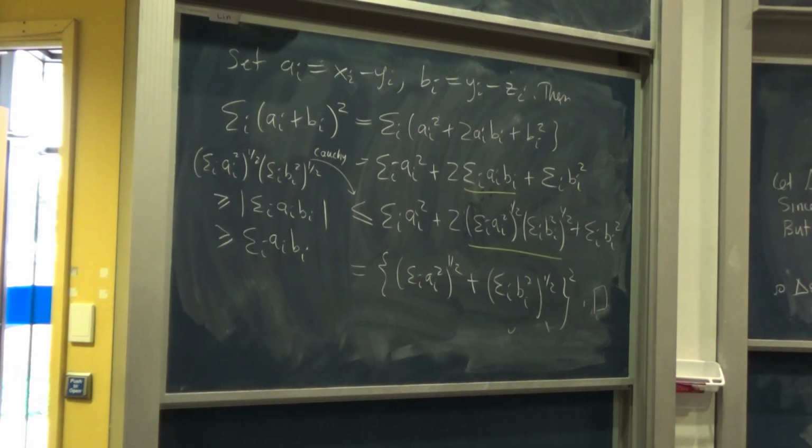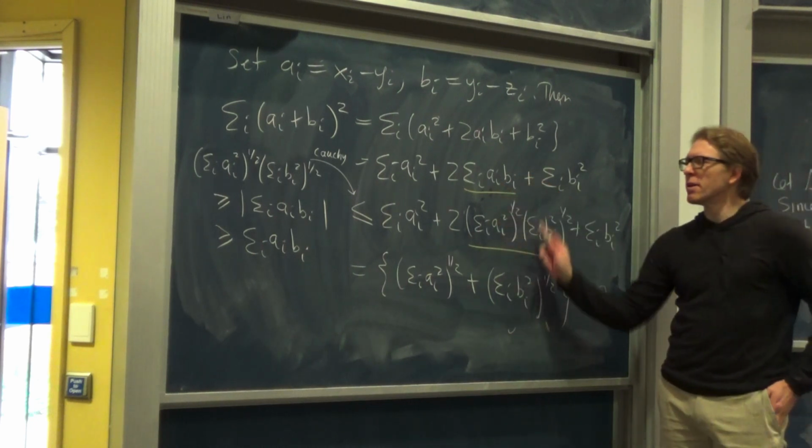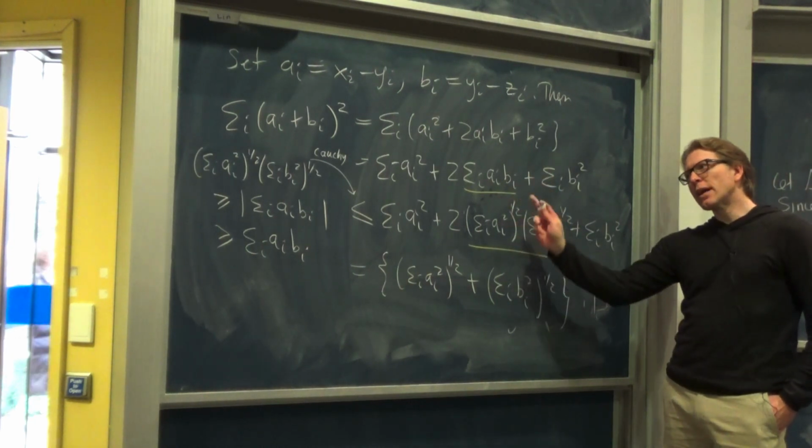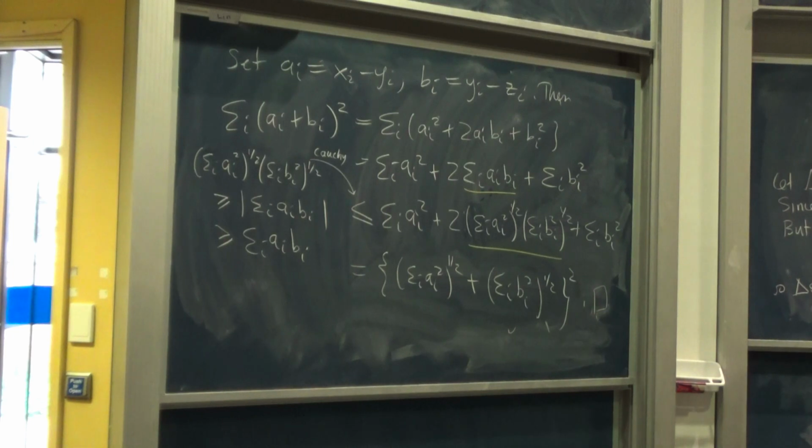Any questions about the proof? Okay, so the thing to notice here is that the proof of the triangle inequality hinged on some claim, sort of subclaim. And this subclaim is something we'll come back to in a more general context.